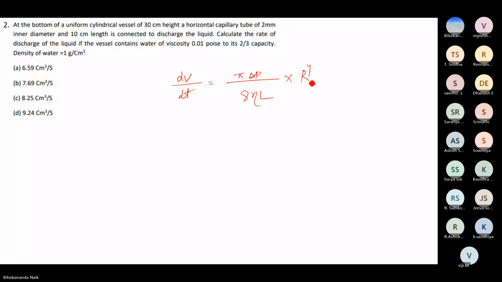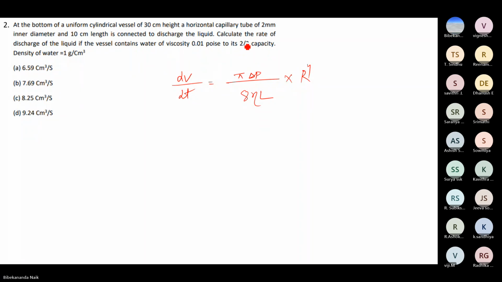This is the formula where R is the radius of the capillary tube, and L is the length of the tube. In the question, a horizontal capillary tube is at the bottom of a uniform cylindrical vessel of 30 centimeter height. We calculate the rate of discharge of the liquid if the vessel contains water of viscosity eta 0.01 and the capacity is 2/3 of the total capacity.